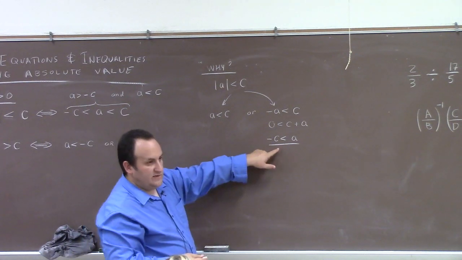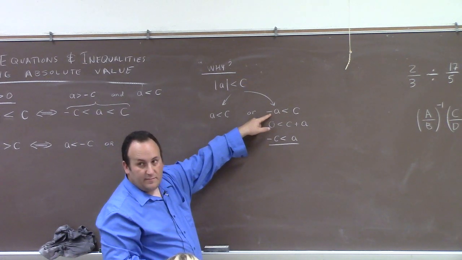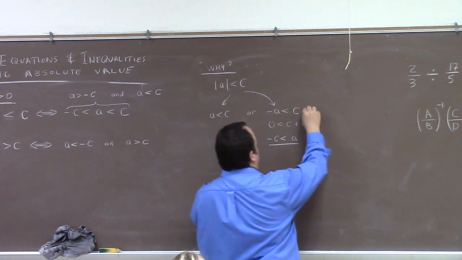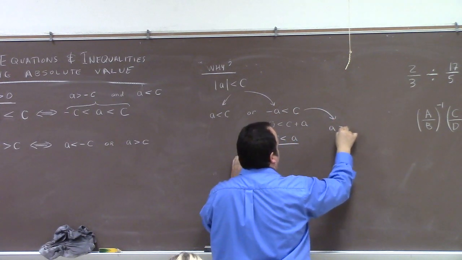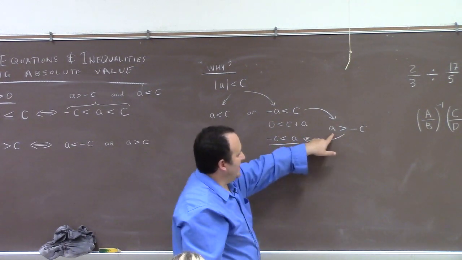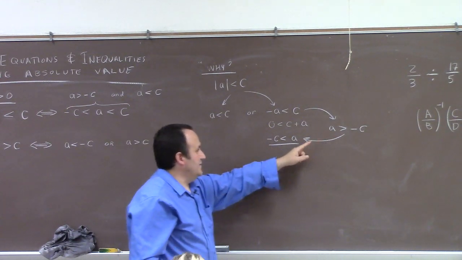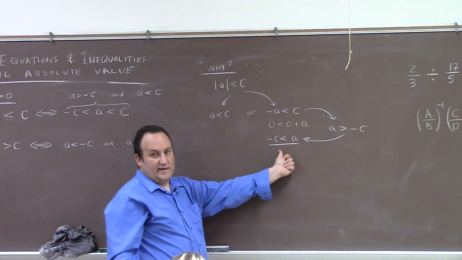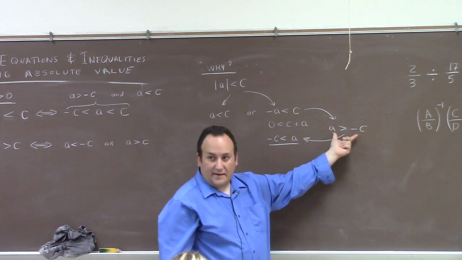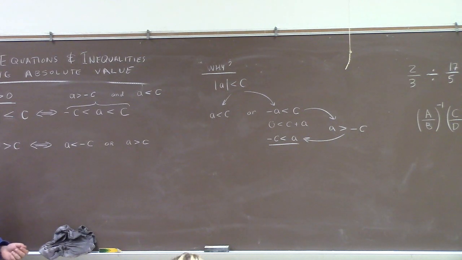Of course, the other way you could see that would be to multiply this one by minus 1, and we get A greater than minus C. If you write that as a less than instead of greater than, they're the same thing, just written one with less than, one with greater than.